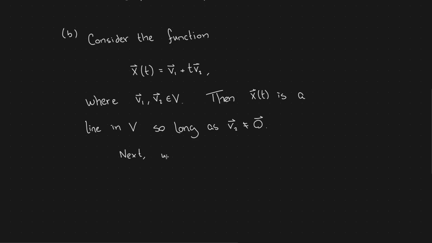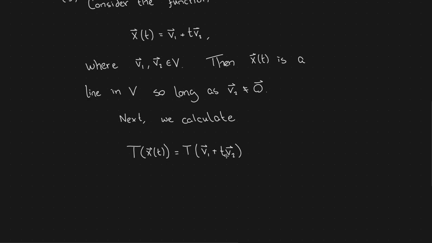So next, we calculate the transformation on function x of t. So that's going to be the transformation of vector v1 plus t v2. And now we're going to apply those properties of transformations. We can split things up over addition, and then we can pull any scalar multiples out. So I'm going to just apply both at once.